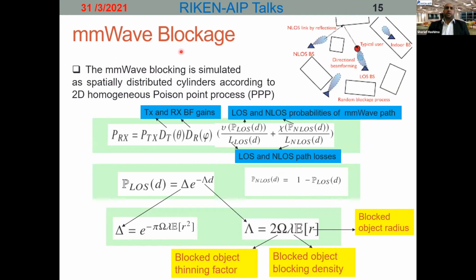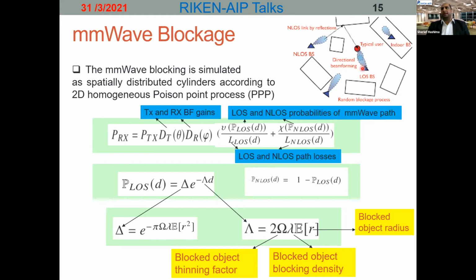For the millimeter wave blockage, we assume the blocking objects are cylinders whose positions follow a random two-dimensional homogeneous Poisson point process. So the millimeter wave power received at the receiver will be equal to the transmitted power multiplied by the transmitting and receiving beamforming gains, multiplied by line of sight plus non-line of sight.